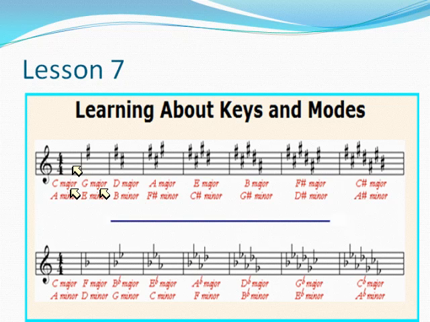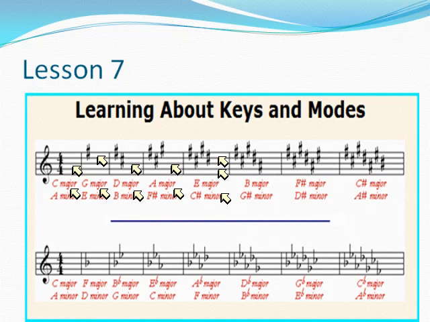G major has 1 sharp, F sharp. D major, 2 sharps, F sharp, C sharp. A major, F sharp, C sharp, G sharp. E major, F sharp, C sharp, G sharp, D sharp. And these always are put on the staff in the same order.